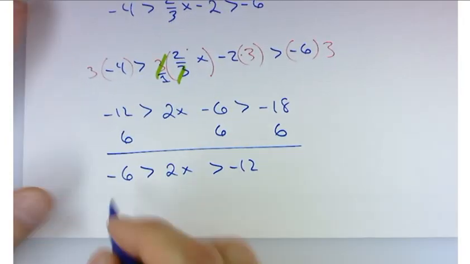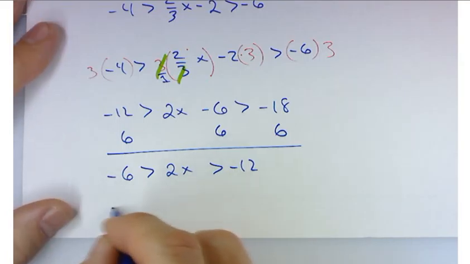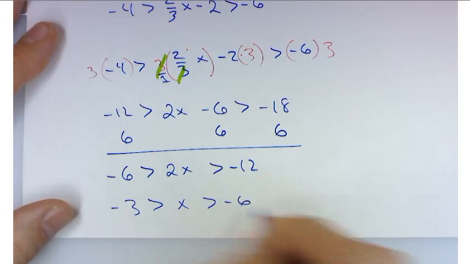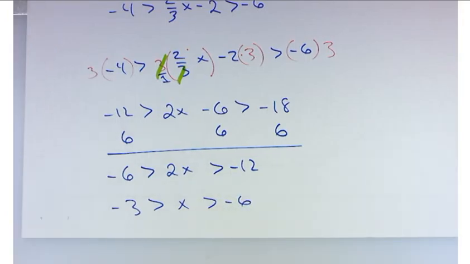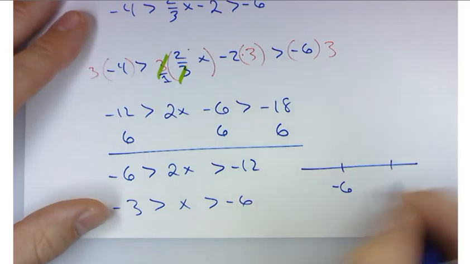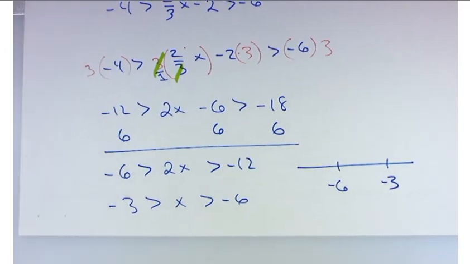Divide by 2. If I divide by 2, I get negative 3 is greater than x is greater than negative 6. I can graph that. It's going to be hollow dots.